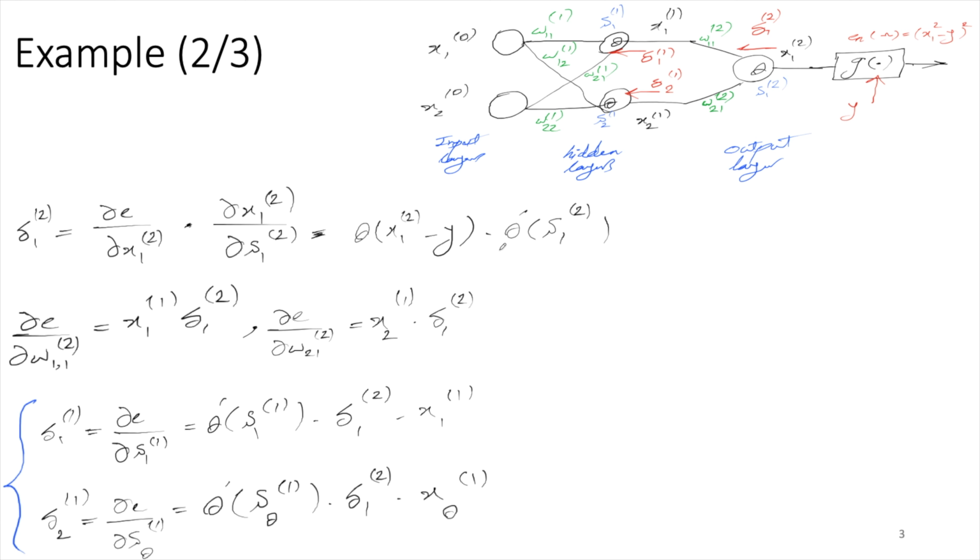For the other case, for delta 2 1, the one behind it, the one below it on the other branch of the network here, it would be the same, but we have to just change the indices. All right.